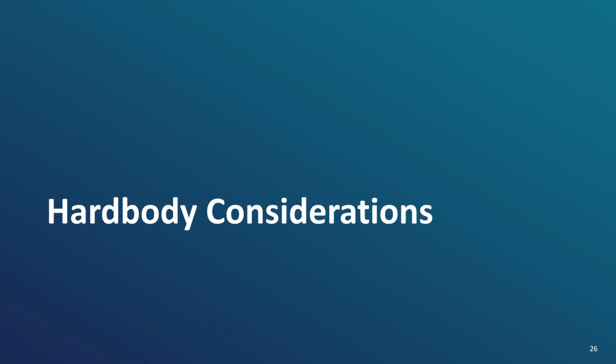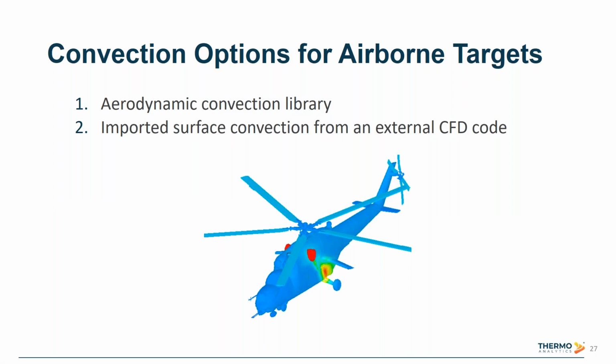Let's take a look at some additional hardbody considerations. I've discussed capturing aerodynamic convective heating using the aerodynamic convection library in MuSES. If desired, we can use CFD tools to help us capture other phenomena such as hardbody exhaust plume interactions. There are two main methods for applying aerodynamic convection to an airborne target within MuSES.